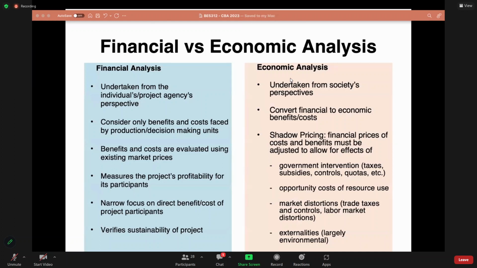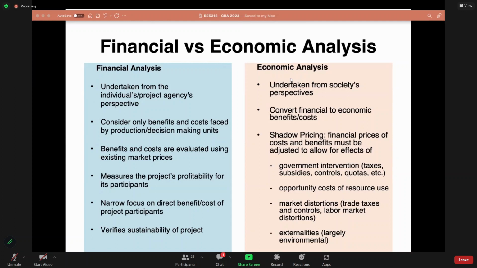So here we have a small comparison of the two types of analysis. We've been talking about the financial analysis, financial appraisal, and the economic analysis. So financial analysis, what you have been talking about so far, would be appraisals that are undertaken from an individual or a project agency's perspective, the client's perspective, whereas economic analysis would be undertaken from the society's perspective.